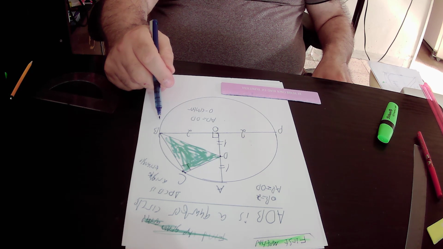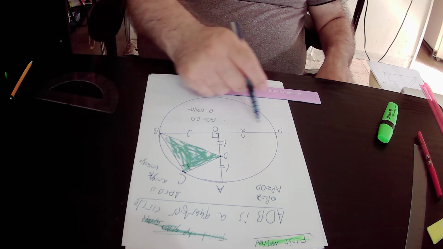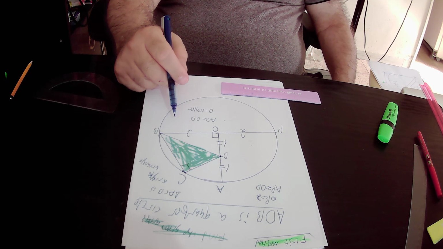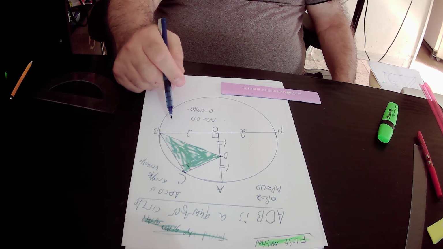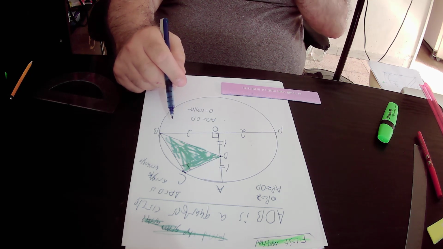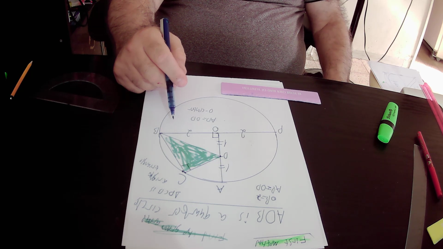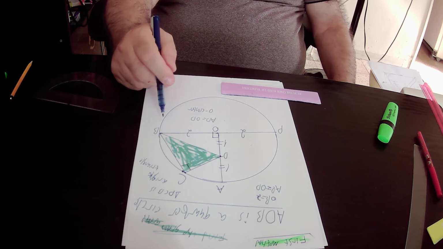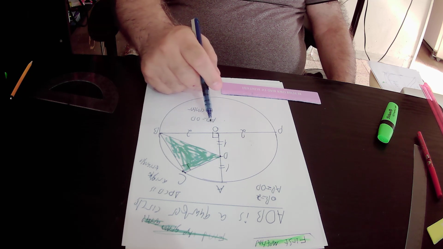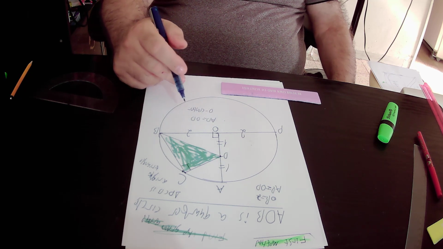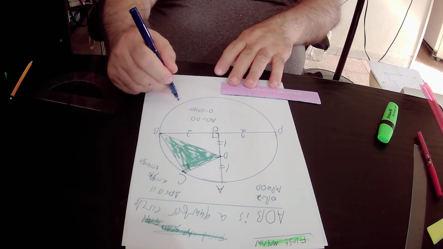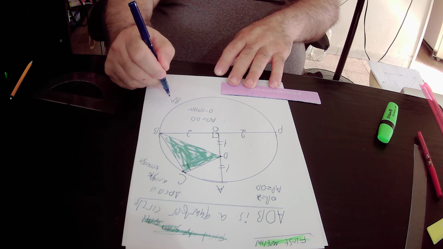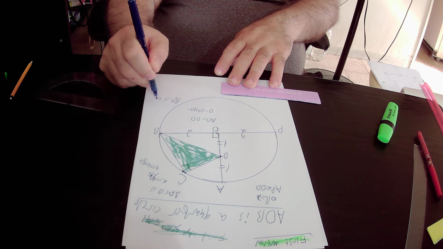So here BP is the diameter of the circle because it passes through point O, the center of the circle. Any chord that passes through the center of the circle must be the diameter of the circle. So you can write down that BP is the diameter of the circle.